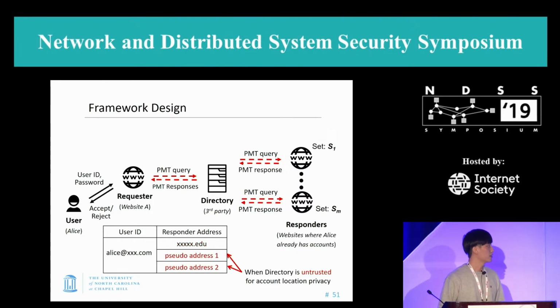On the other hand, if the directory is not trusted for account location privacy, then we need to instantiate this dashed line with anonymous network circuits, for example, Tor circuits. And the responder addresses stored at the directory should be corresponding pseudo addresses, for example, onion addresses.